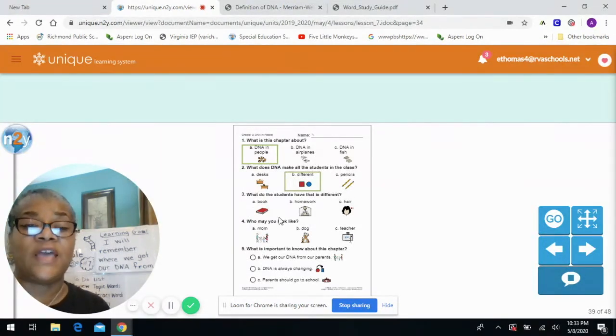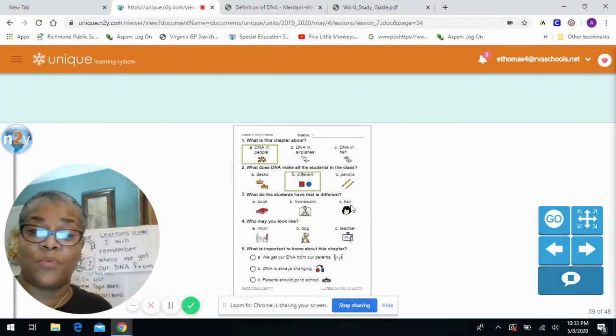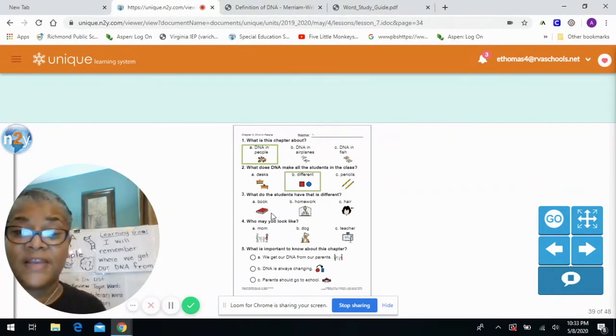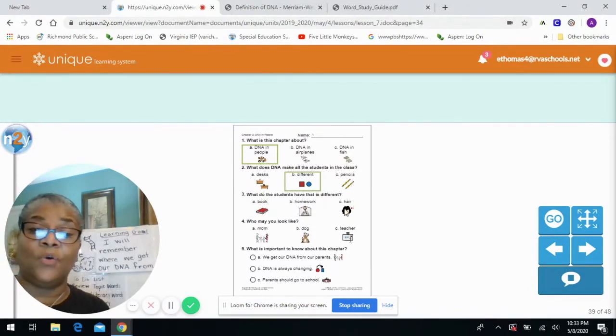What do the students have that is different? Our choices are a book, homework, hair. Which one could it be? What did we talk more about? Did we talk about homework in here? We did say something about a book in the lesson, but was that in the reading? No, so it was hair.